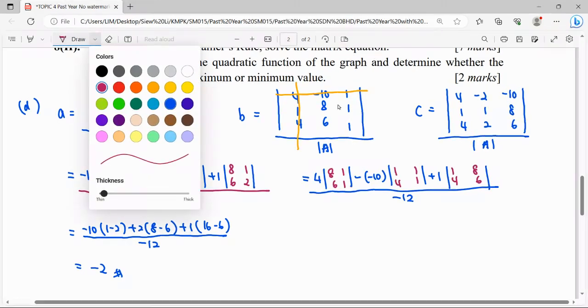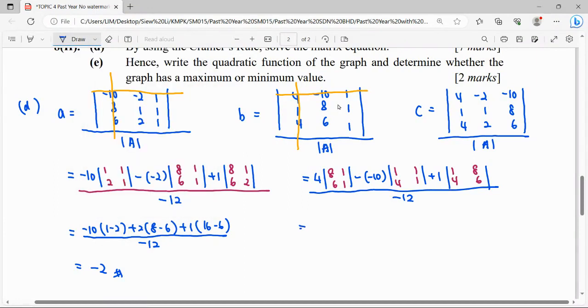Simplify this, AD minus BC, divide by -12. So we get 4. Then we go for c.